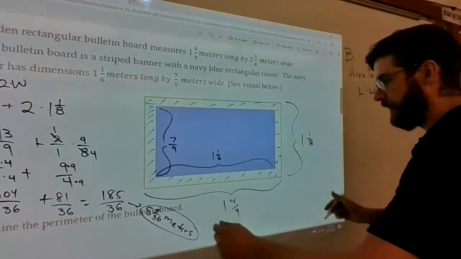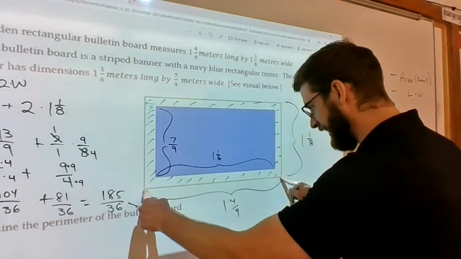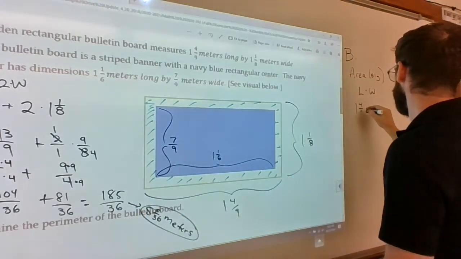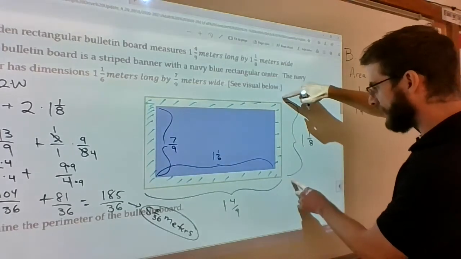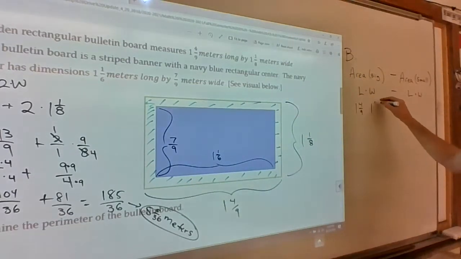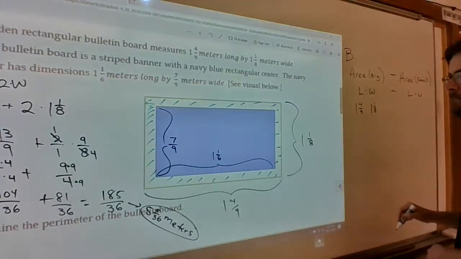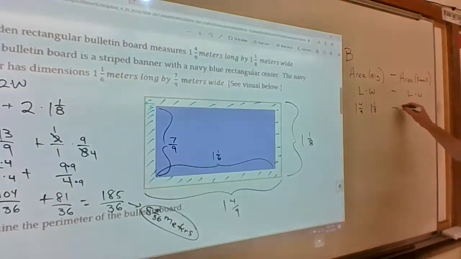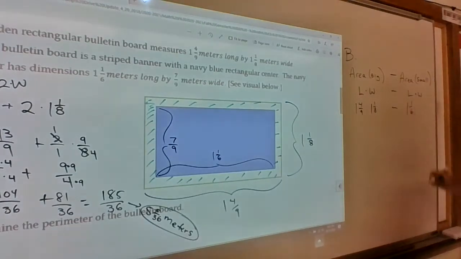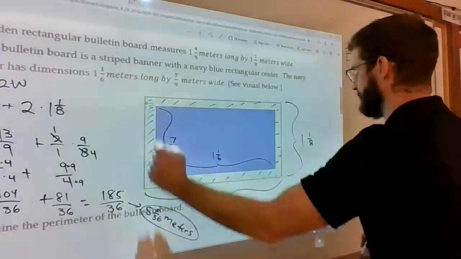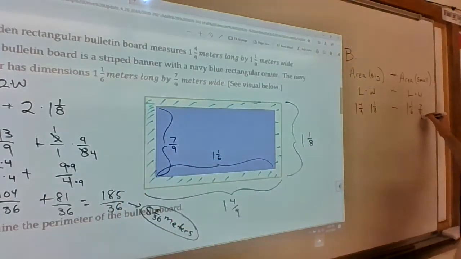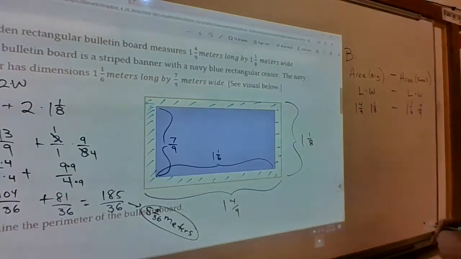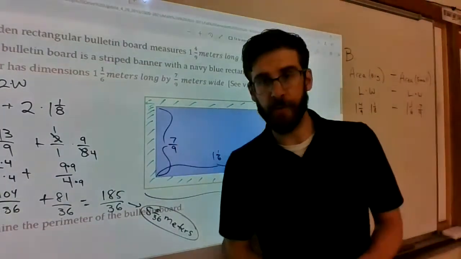So the big one, we've got a 1 4/9 times a 1 1/8. For the small, we have a 1 1/6 times a 7/9. So how do we multiply fractions?